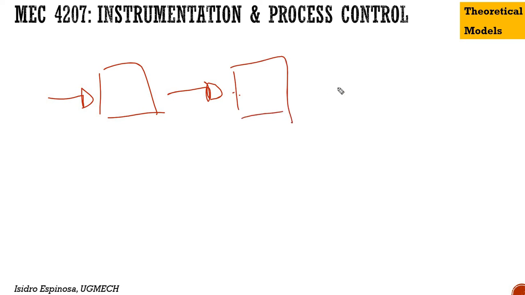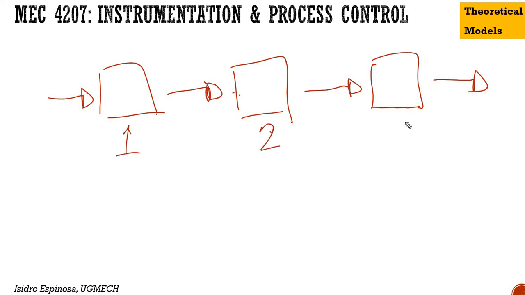When we have a series of blocks, like for example when you are drawing your process flow diagram, you will have block 1, block 2 and block 3. So we will have transfer function 1, transfer function 2, and transfer function 3, right?